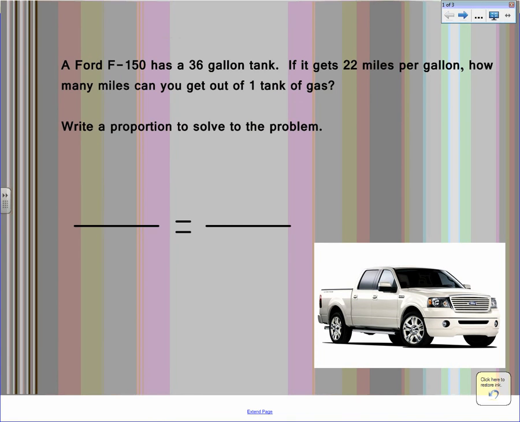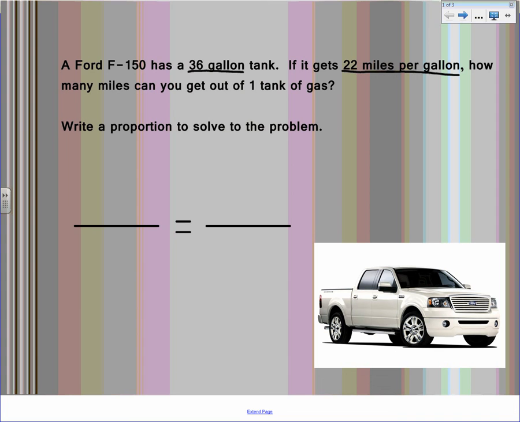Here we have a Ford F-150 has a 36-gallon tank. And that's true, I looked it up. If it gets 22 miles per gallon, how many miles can you get out of one tank? All right, so I see 3 pieces of information and 1 missing piece. My first 3 pieces that I see is I got 36 gallons, 22 miles, and then I know that 1 tank is, and this is miles per 1 gallon.